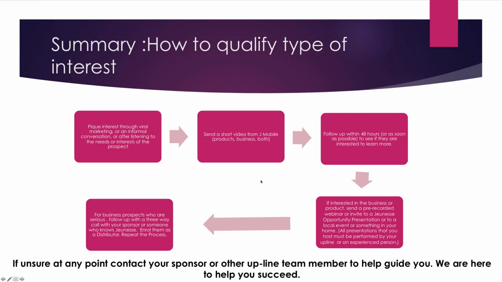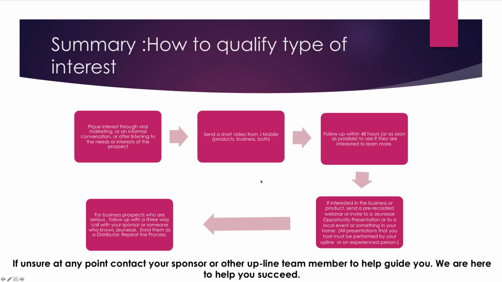Then you follow up with them within 48 hours or as soon as possible to see if they are actually interested to learn more. If they are, you send them a pre-recorded webinar, or you invite them to an opportunity presentation or a local event or something in your home, or send them one of the webinars that we do or anybody else does.